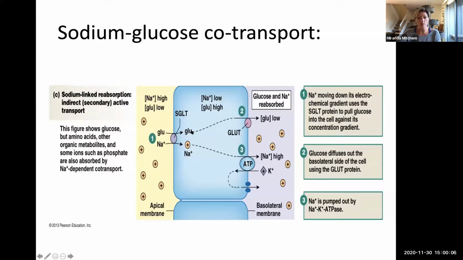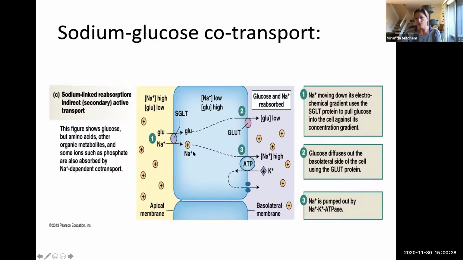Sodium moves in, and it brings in glucose. So glucose is able to move through that epithelial cell and then out another transporter back into the extracellular environment.